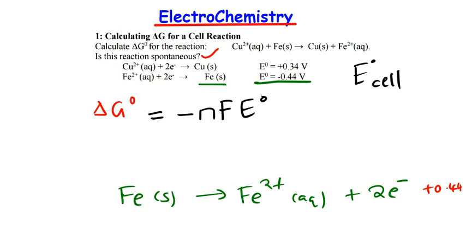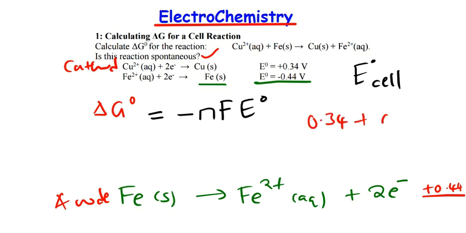So this one is the cathode, and this other one is the anode, where oxidation occurs in a galvanic cell. Therefore, when it comes to the calculation of the E cell, when you've reversed and changed the signs, just add the values. The values are going to be 0.34 volts on top plus 0.44 volts on the bottom.